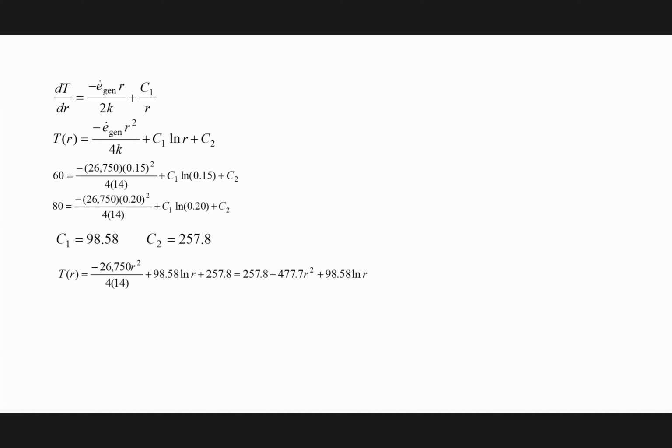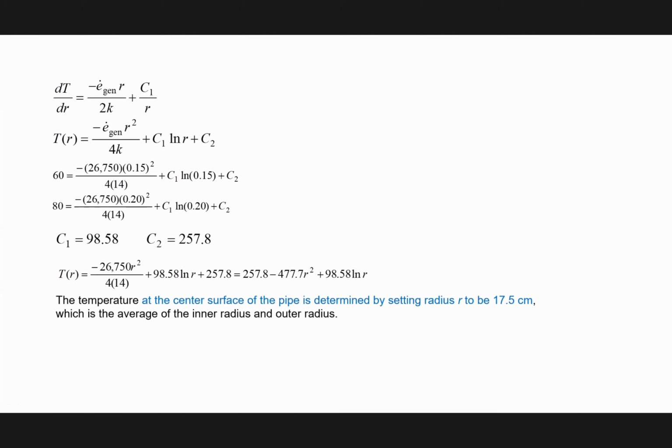One side is 15 centimeters, the other side is 20. The average, the middle, becomes 17.5. Therefore, if in this equation you put 17.5 centimeters, you will find the temperature at the center of the thickness of the pipe. The temperature at the center surface of the pipe is determined at this radius.